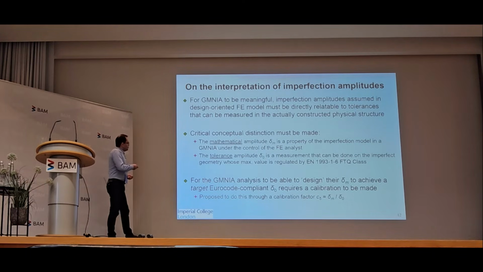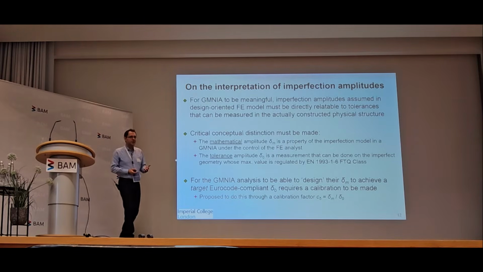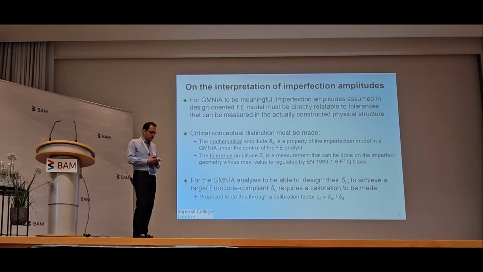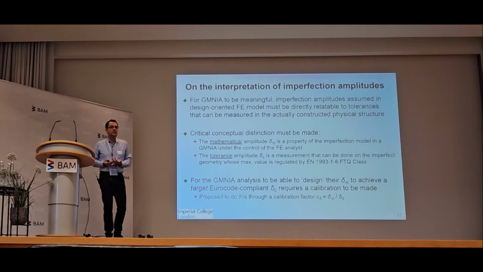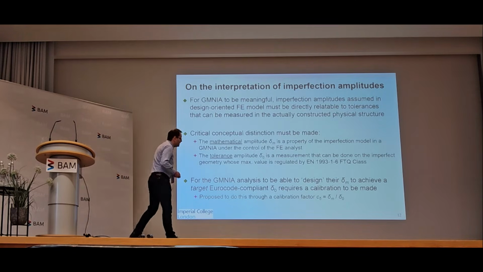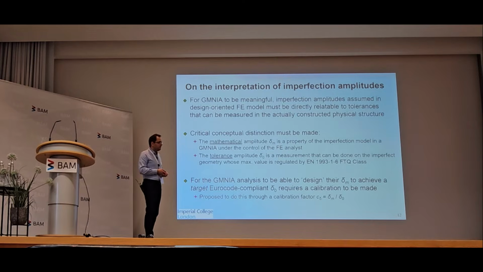So one must make a critical conceptual distinction between something that I call the mathematical amplitude. Unless you have scanned the structure and are using the real imperfect geometry, chances are you're idealizing your imperfection in some way. You're taking some model of an imperfection and you're putting it into your software. And the amplitude of that imperfection model is what I call the mathematical amplitude.